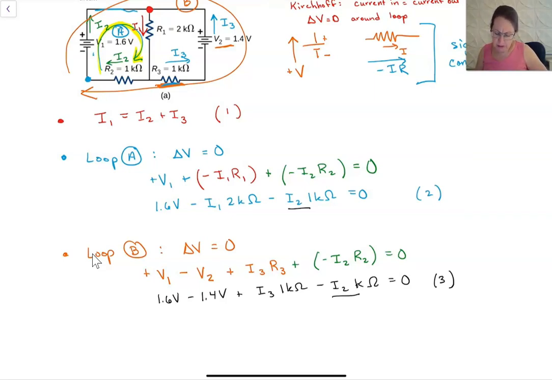I'm going to write everything in terms of my I2s. Since I have an I2 in every equation, I want to replace this with an equation that has I2, which is going to come out of equation 2.